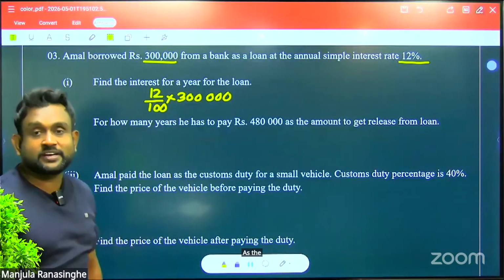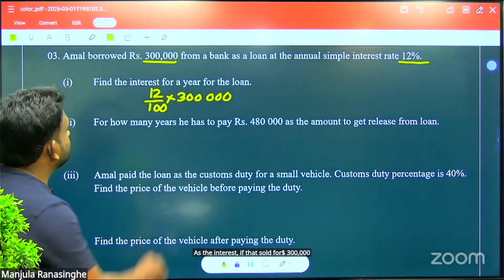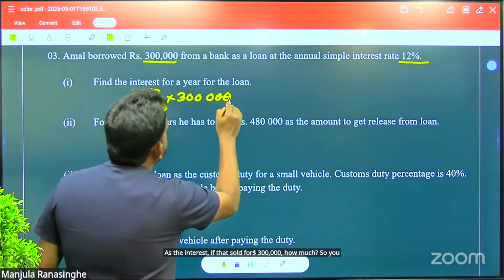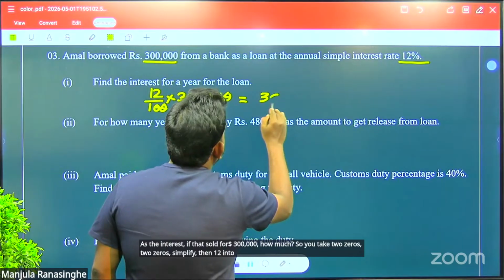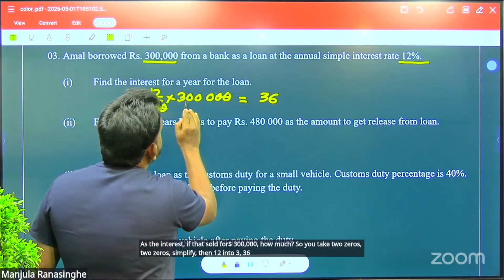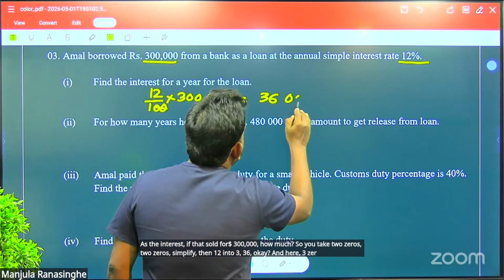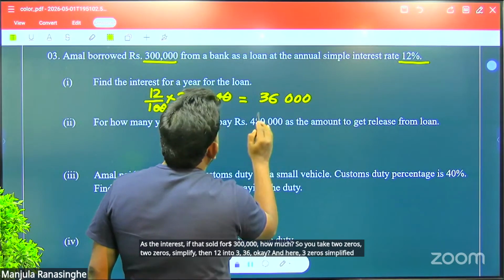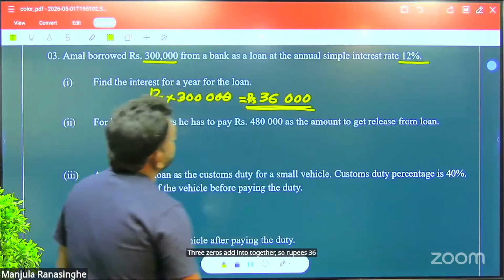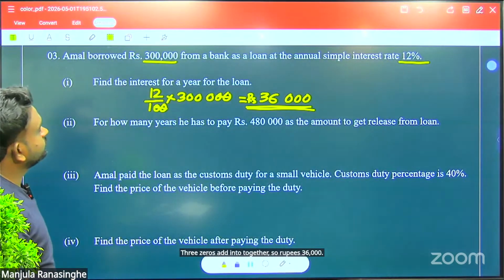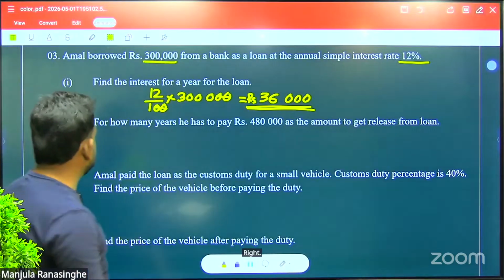If that's so, for 300,000, how much? So you take two zeros, simplify, then 12 into 3, 36. And here 3 zeros simplified. 3 zeros added together. So rupees 36,000. So that is the interest for a year.